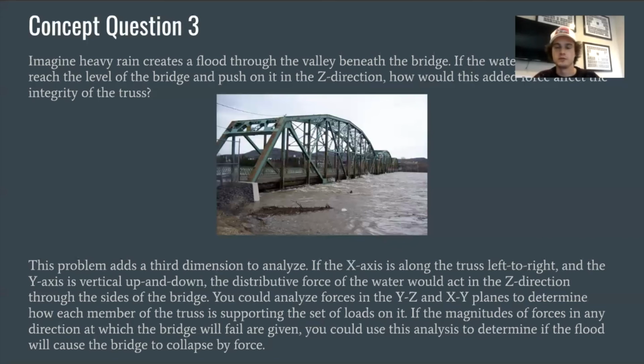And then you could sum these forces that are acting in all three directions. And if you were given the loads that would cause the truss to fail at some magnitude, then you could compare that to these two different plane analyses and see if the flood would cause the bridge to collapse by force.